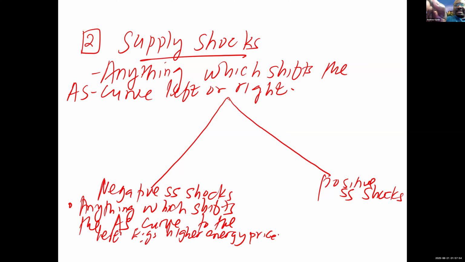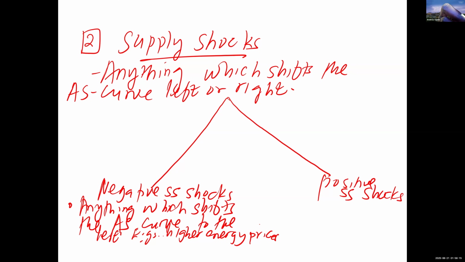Because when energy prices are going up, energy is a key source, like oil prices are key sources of energy that we need to produce goods and services. So for example, when oil prices go up, companies find it difficult to produce goods and services, so they're going to cut supply. Supply is going to shift to the left.